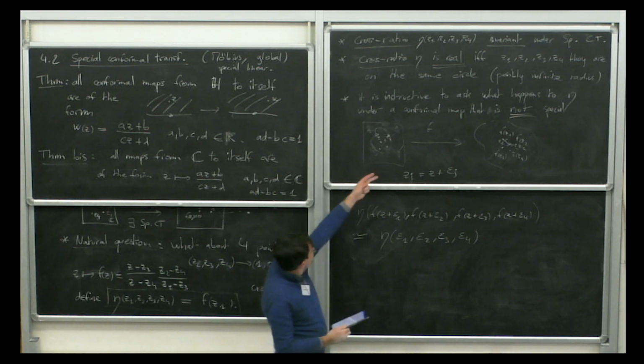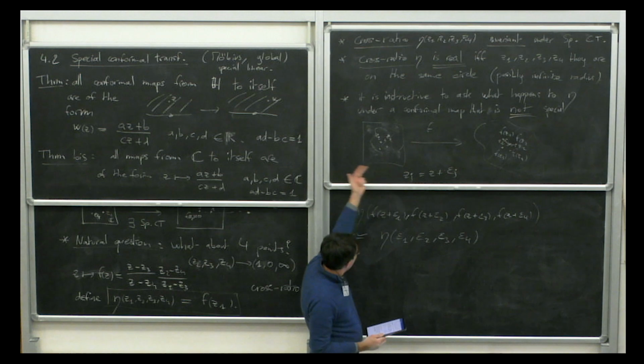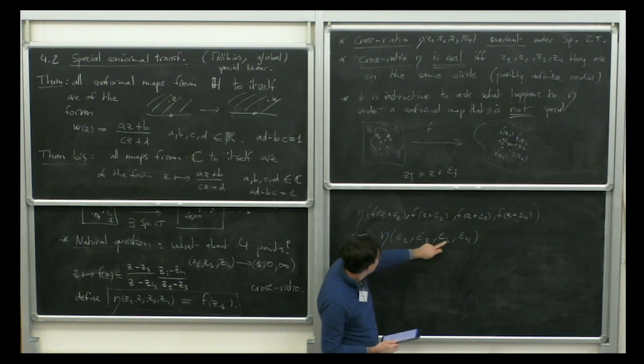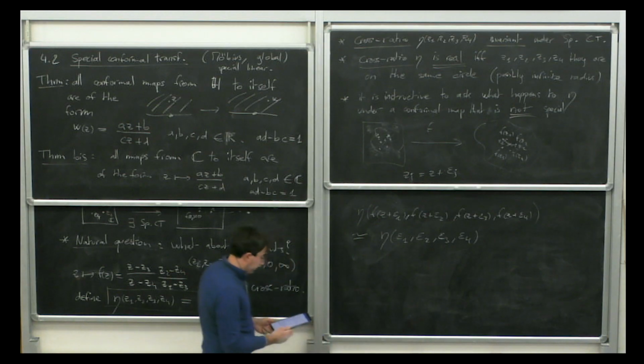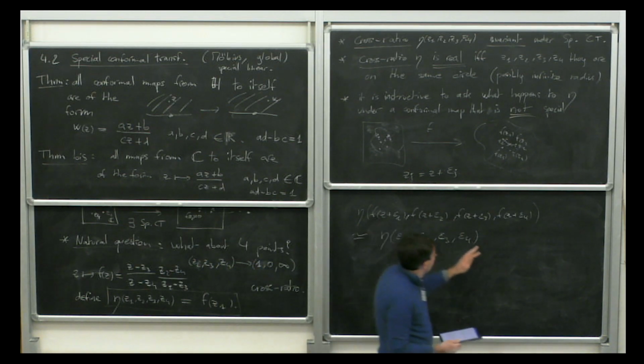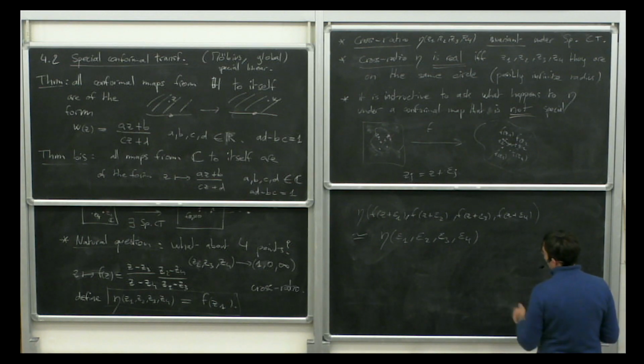I mean, the cross ratio is invariant under translation, so I could also write it as z plus epsilon 1, z plus epsilon 2, and so on, but of course it doesn't matter. Okay, so that's true to leading order.